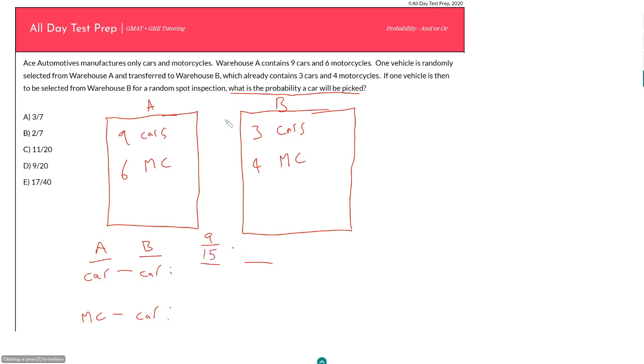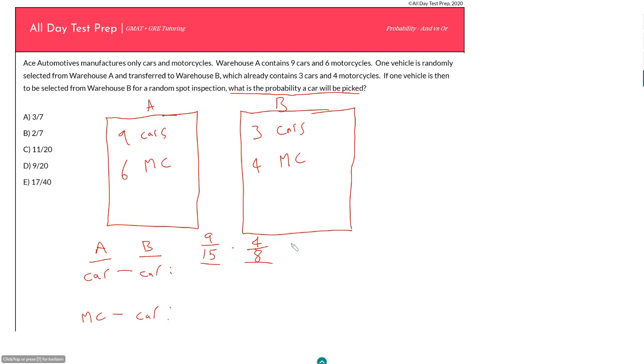Now, once that car has been moved to Warehouse B, what is the probability of picking a car from Warehouse B? So now I have 4 cars in Warehouse B and 8 vehicles total. So that should be a 4 out of 8 chance of picking a car from Warehouse B.